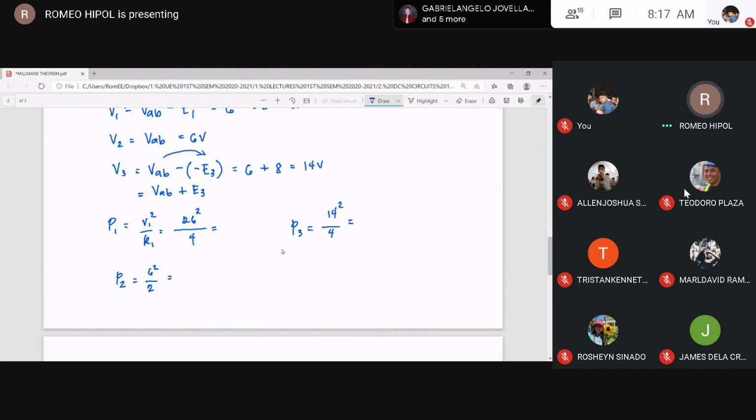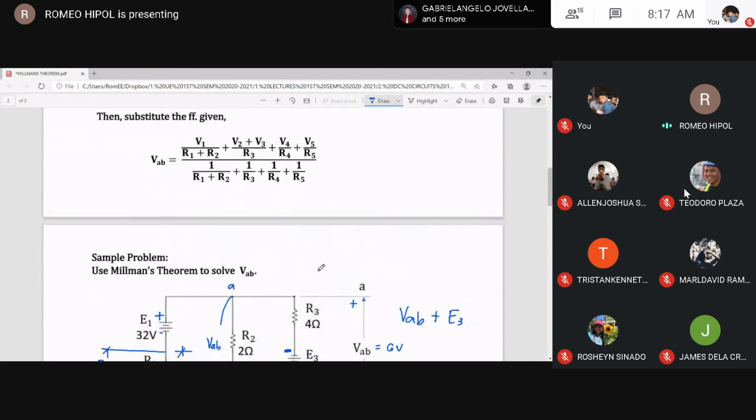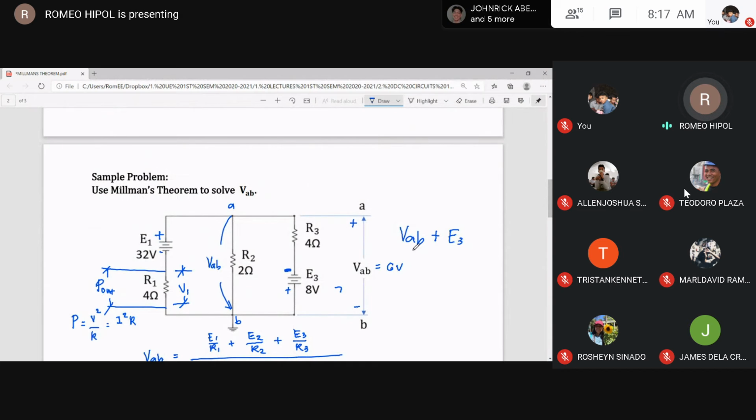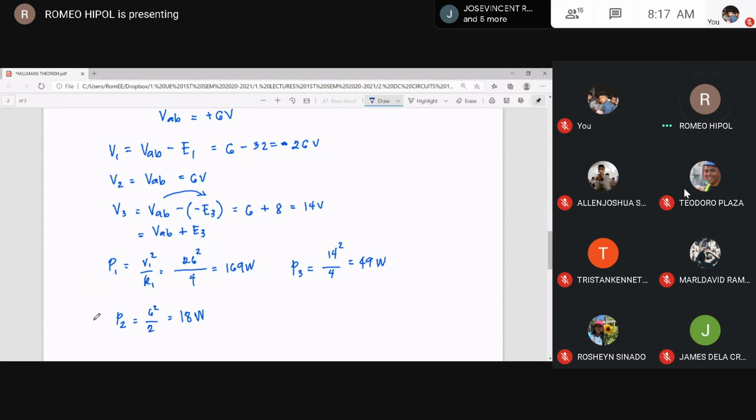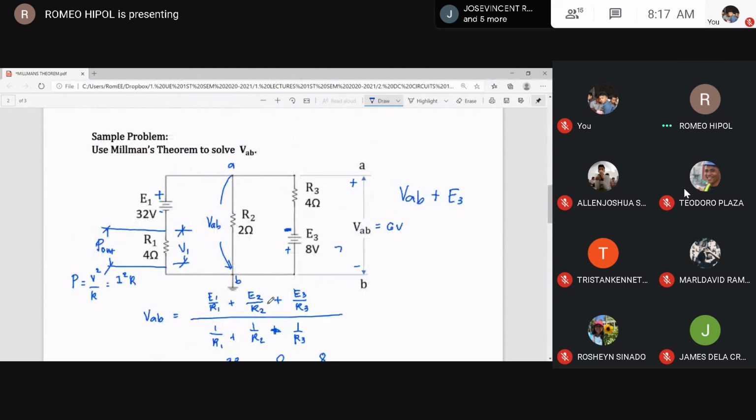In this case, 26 squared divided by 4 is 169 watts. For P sub 2, 6 squared over 2. Usually in Millman's theorem, what we are only looking for is the common terminal voltage, AB. Understood? So this power computation is just additional info.